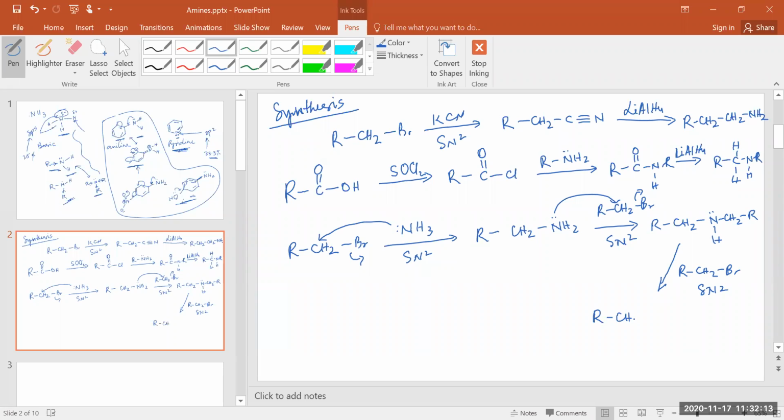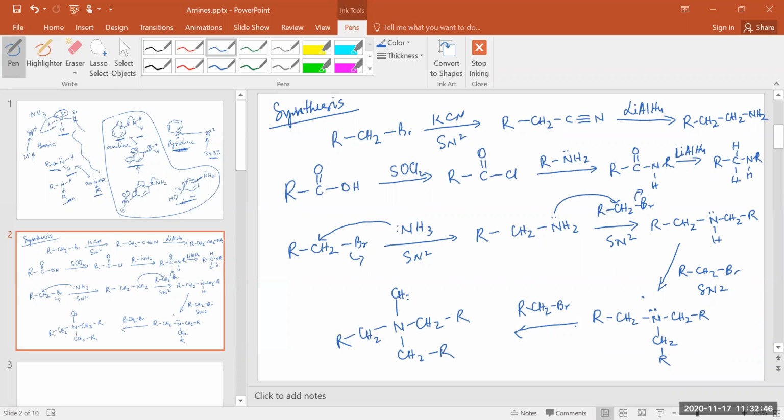So it will be RCH2, CH2R, CH2R. See, even this tertiary amine can react again in another SN2 reaction, and here it will make a quaternary ammonium salt.